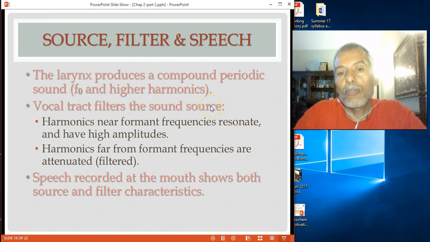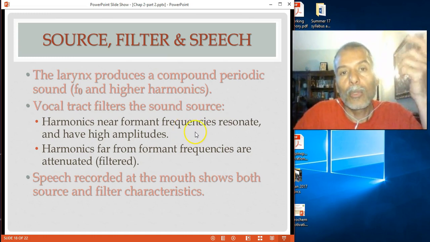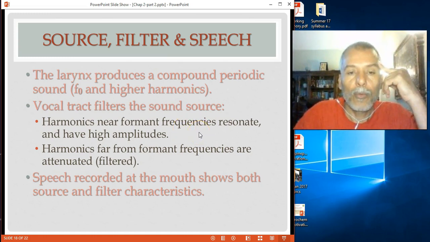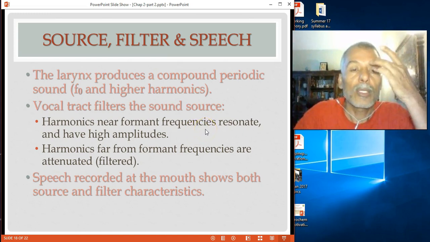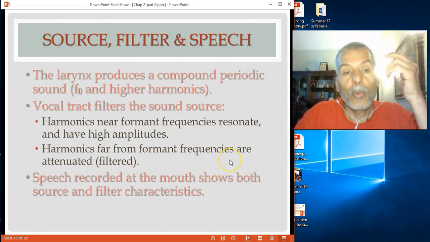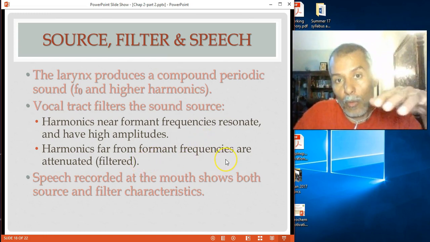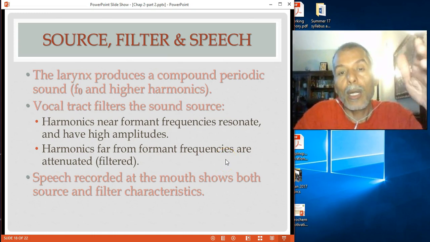The vocal tract produces harmonic frequencies that we know as the formant frequencies of the vocal tract. The harmonics that are far from the frequencies of the vocal tract are attenuated.